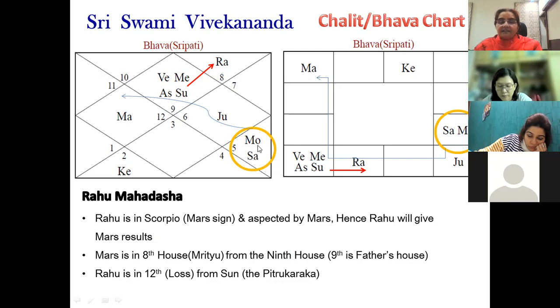This is 9th. Count from here: 1, 2, 3, 4, 5, 6, 7, 8. The 8th house of death. So we are seeing his father's death. Father is considered by the 9th house. So from the 9th house, Mars is in the 8th.